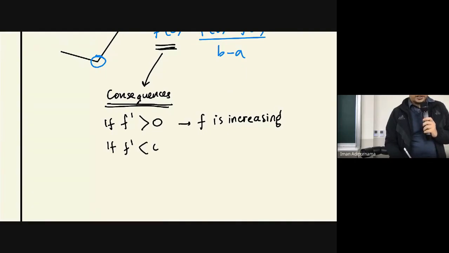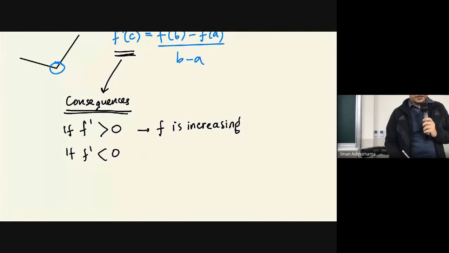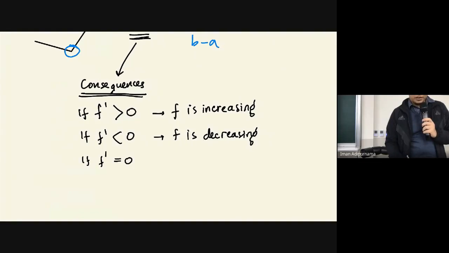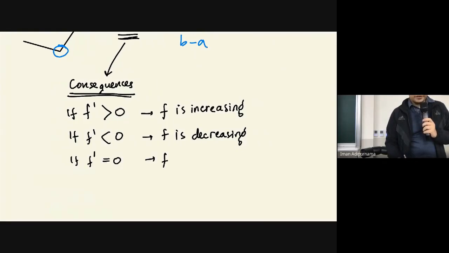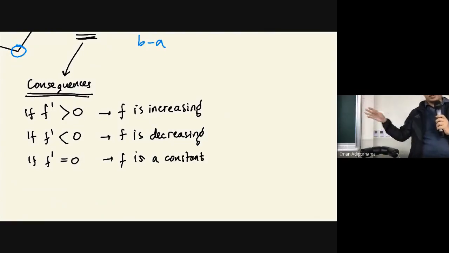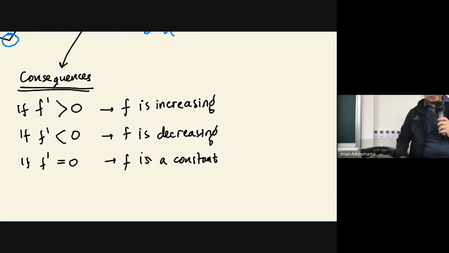When the first derivative is less than 0, the function is decreasing. And if f prime is 0, then f is a constant. You can also say critical number, but this one, I would say it's a constant.